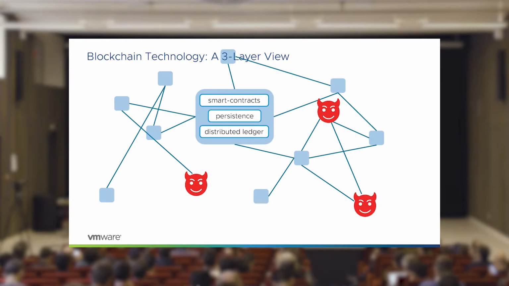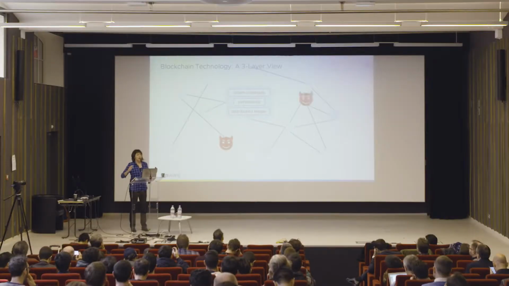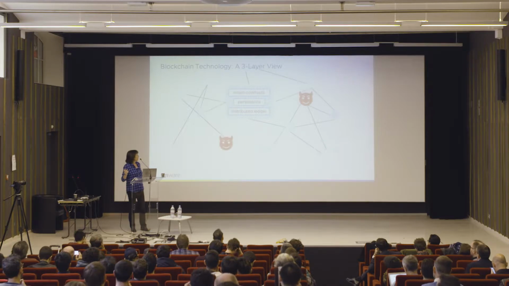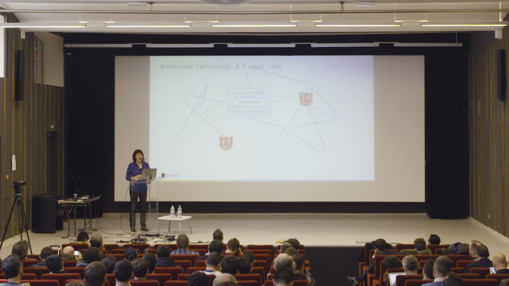But fundamentally, the key challenge and the key enabler is the fact that this hierarchy, this 3-layer technology is decentralized, it's distributed, it's running among participants. Each one of them has a copy of this rectangle hierarchy.